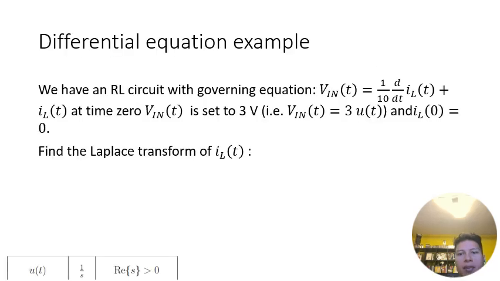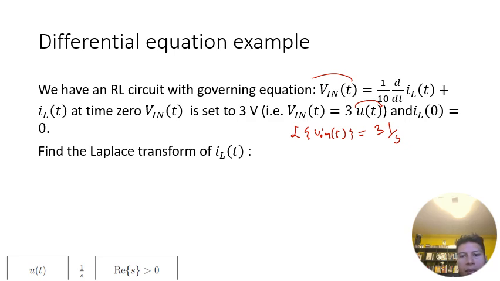What else is there? So that's what we derived from the previous slide. Now we want to find the Laplace transform of Vn of t. The Laplace transform of Vn is just equal to 3 times 1 over s, because remember that the Laplace transform of u of t is 1 over s.